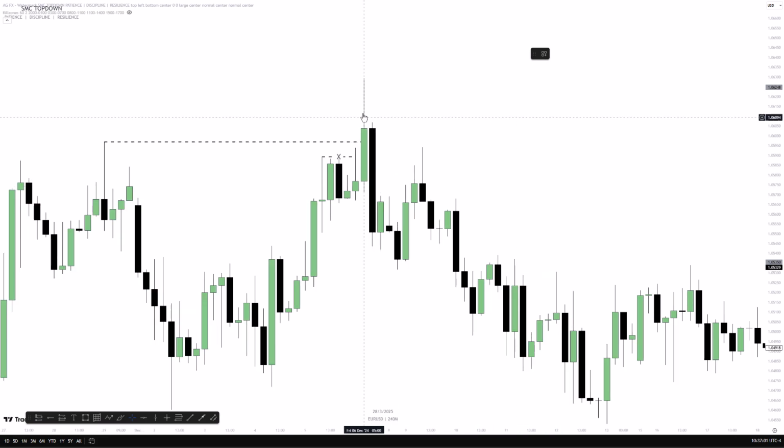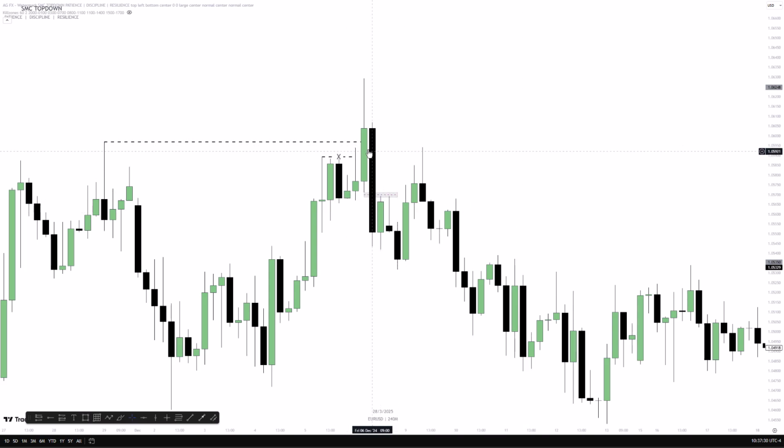Now that liquidity has been grabbed here, we have price moving bearishly with heavy speed, because this candle is a sign of displacement. However, we have a fair value gap from this to this point here, a very tiny fair value gap.